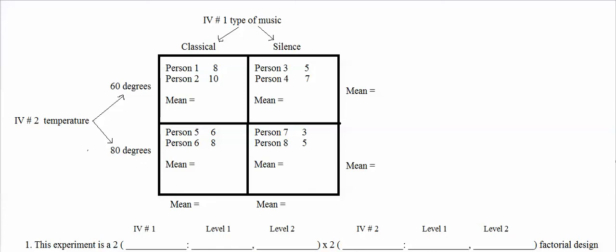And I can have you make a graph on your paper to find out if there's an interaction. You can do it like this. You just have to pick one of the two independent variables to go on the x-axis. If you want it to be type of music, that's fine, or it could be temperature.